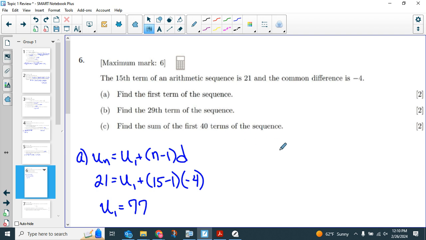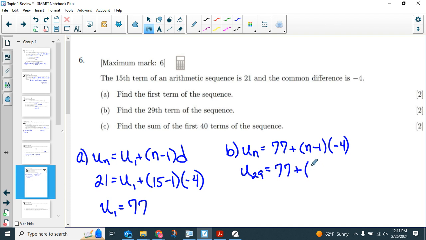All right, B, find the 29th term of the sequence. Well, now we know that my formula for the nth term is 77 plus n minus 1 times -4. So if I'm trying to find the 29th term, u sub 29, that is 77 plus 29 minus 1 times -4.